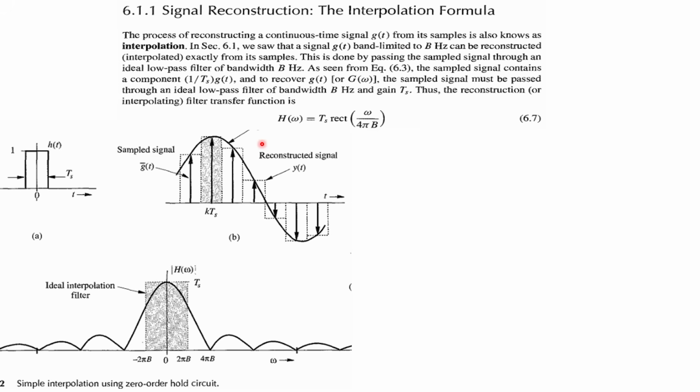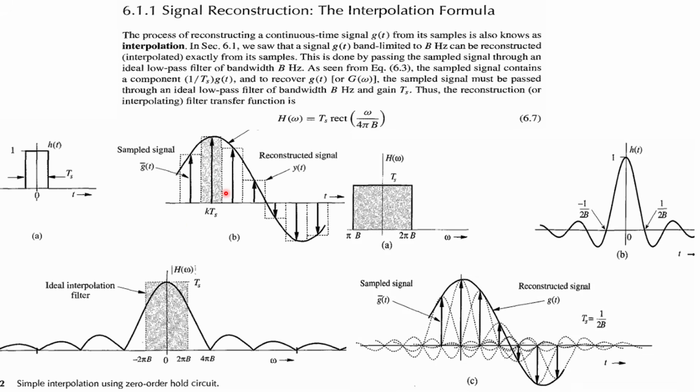The reconstruction interpolation filter transfer function is H of omega equal to Ts times rect of omega by 4 pi B. Whenever we have a rectangular function in frequency, in the time domain we get the sinc function, since the inverse Fourier transform of a rectangular function gives a sinc function. And if you interpolate, then definitely you will get your proper message.